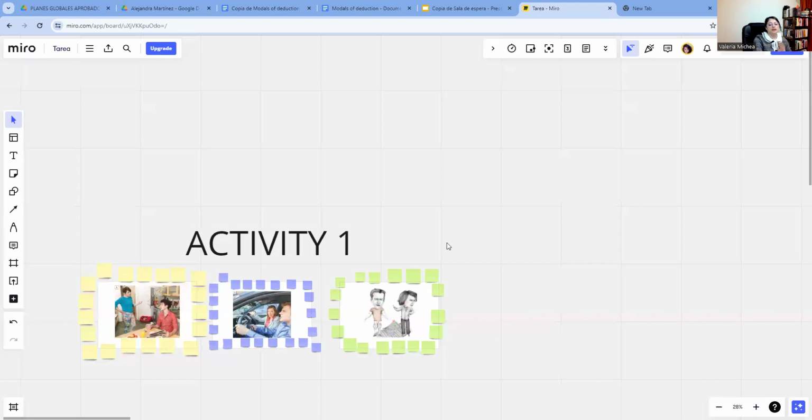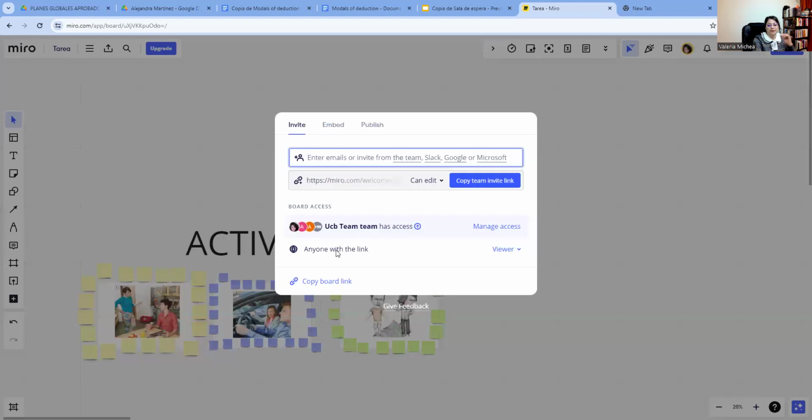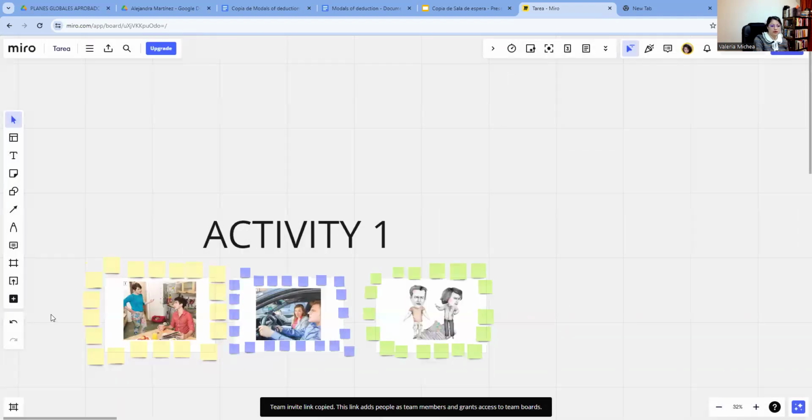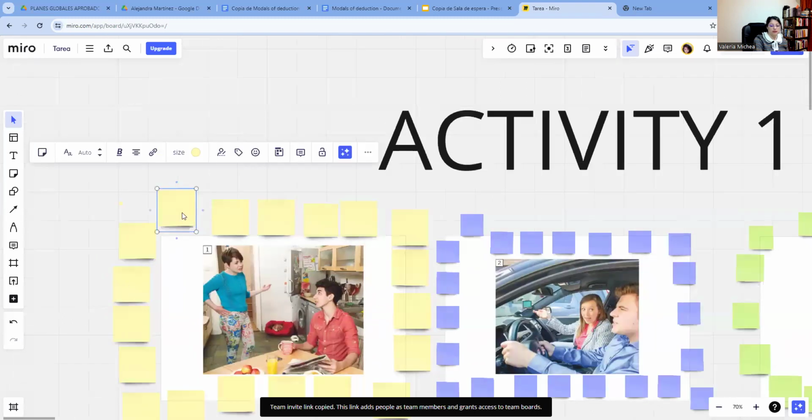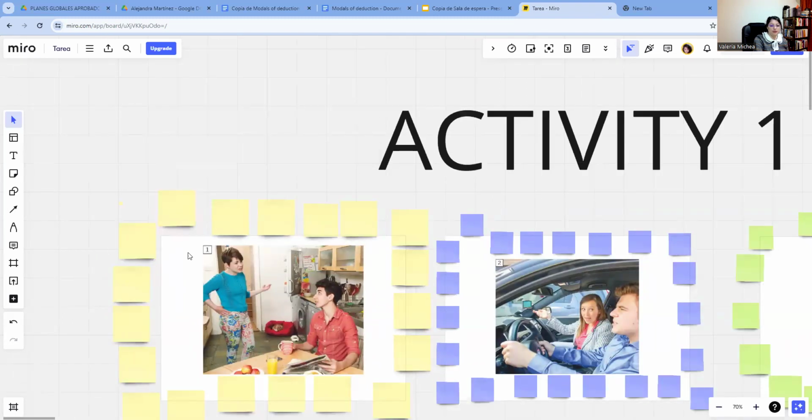So please go to Miro with the following link and make sure to complete that. What are you going to do to write your own sentences? Look at the image. My question is, why are they arguing?